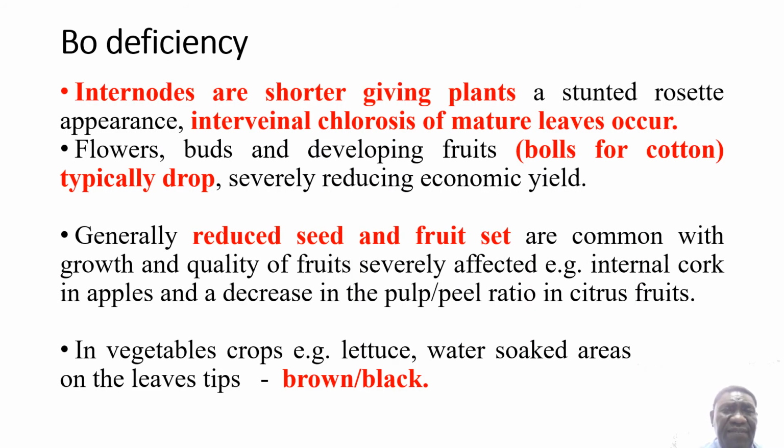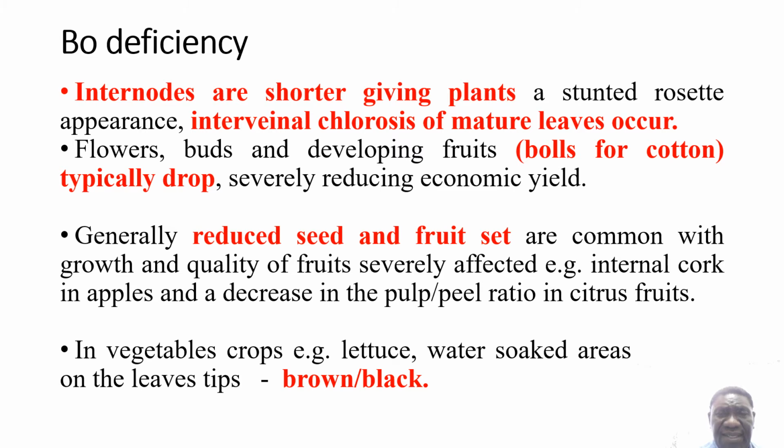Now, with boron deficiency, internodes are shorter, giving plants a standard rosette appearance. Interveinal chlorosis in mature leaves occurs. Flowers, buds, and developing fruits, bolls for cotton, typically drop, severely reducing economic yield.